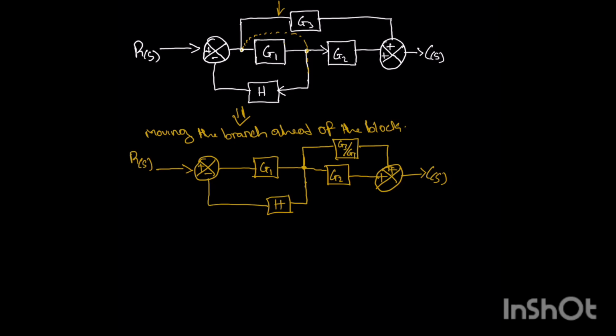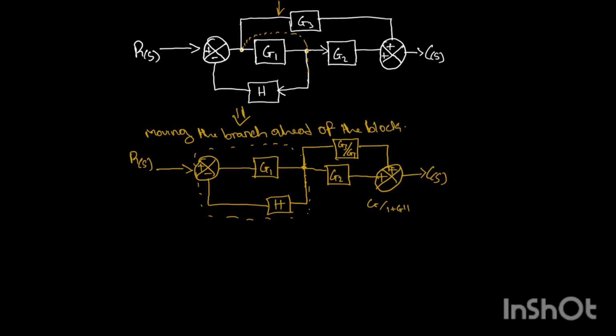As you can see now, this block can be easily modified. So first of all, we want to take this part. And remember that the formula for a negative feedback is G all over 1 plus GH.